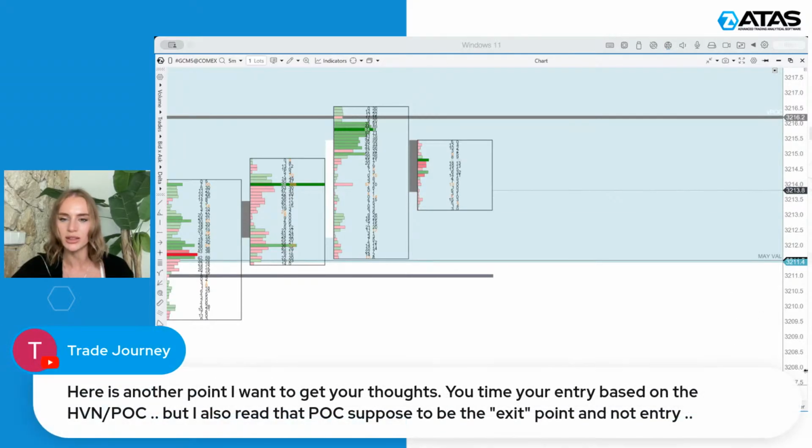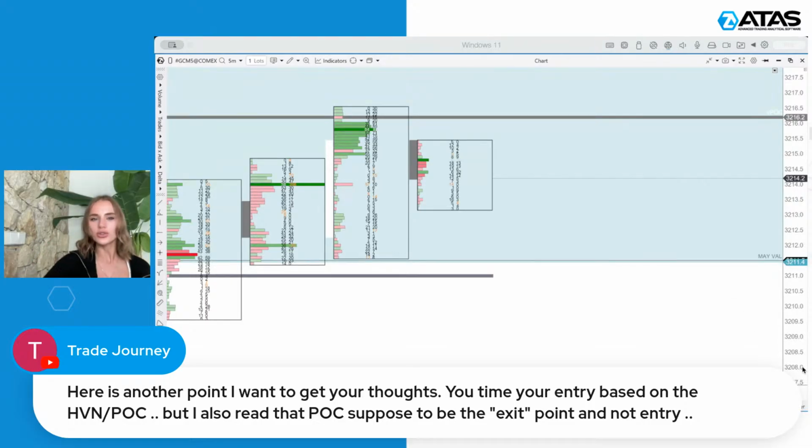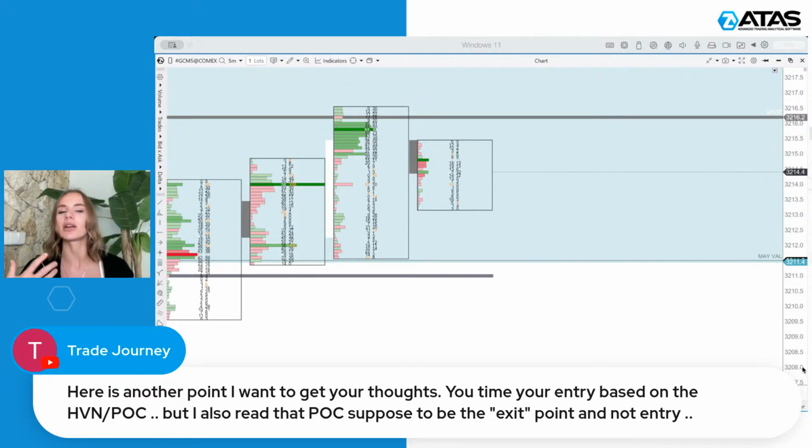But let me answer one last question, and then we're going to continue into the closure. You enter based on the high volume node, point of control, but I also read the point of control is supposed to be an exit point. The high volume node is a level where the price might reverse from. You can use it as an entry and as an exit.